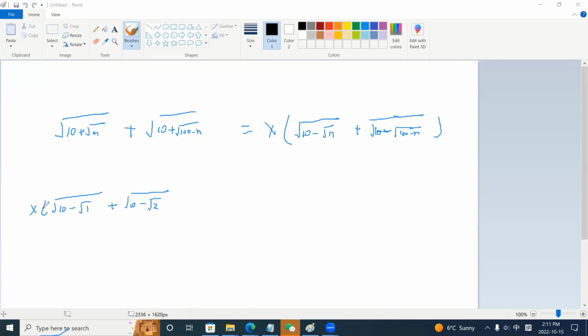Notice that this is just the denominator. We're just multiplying the denominator on both sides. You keep adding until the square root of 10 minus the square root of 99. On this side, we have the square root of 10 plus the square root of 1, plus the square root of 10 plus the square root of 2, until the square root of 10 plus the square root of 99.